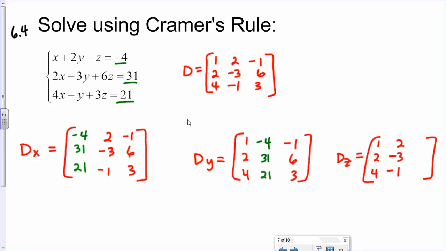Okay, let's practice. Let's just do the graphing calculator. You did a 3 by 3 determinant by hand on your warm-up. We practiced it yesterday. So find all four determinants.